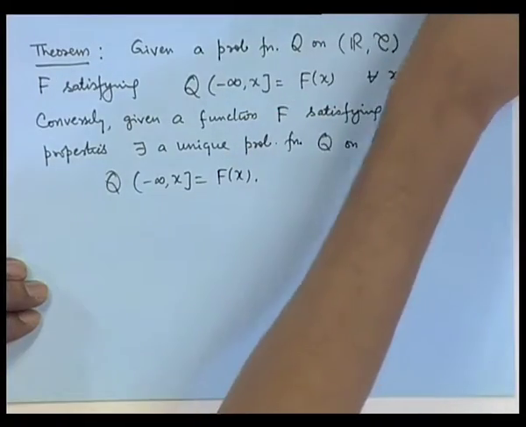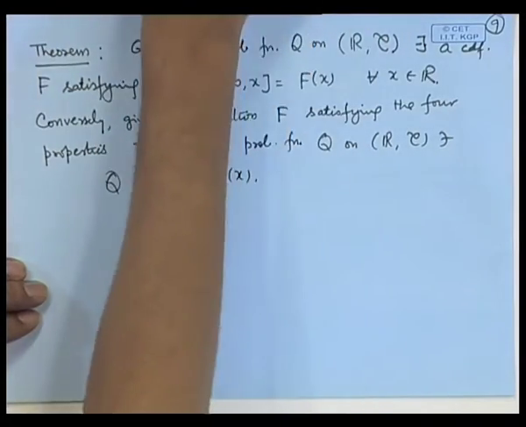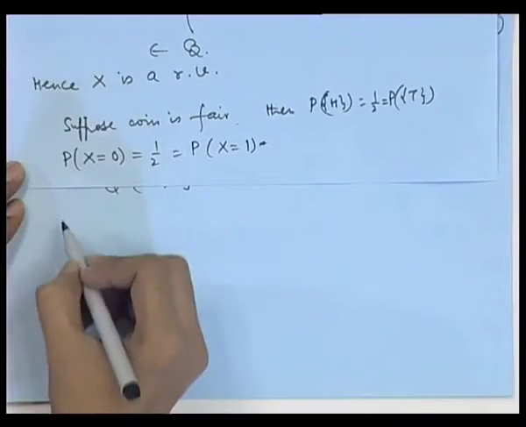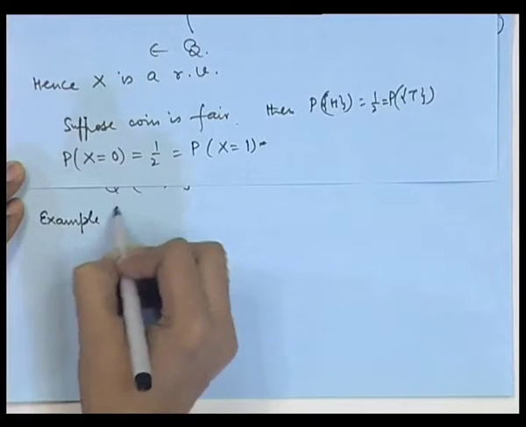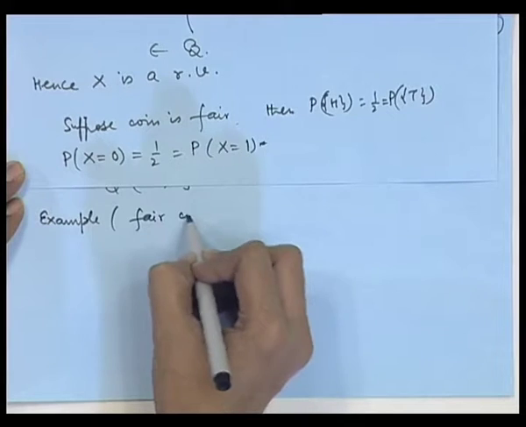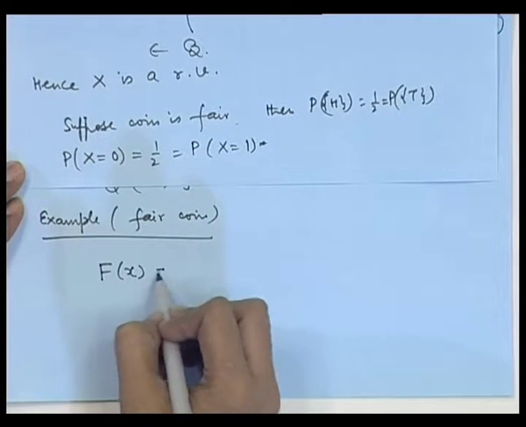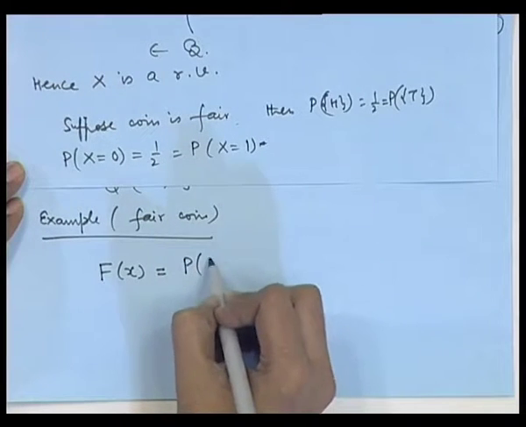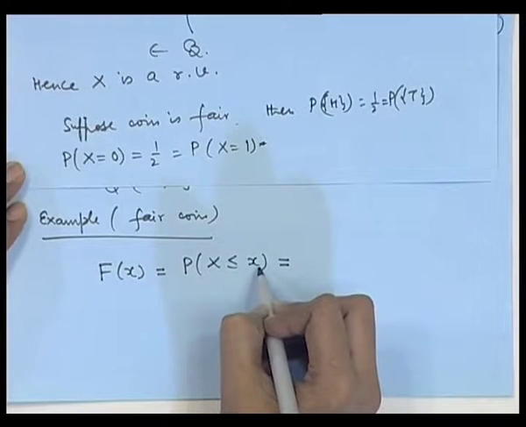Go back to the example of head and tail, the fair coin example. Here if we consider F(x), then we are looking at the probability of X less than or equal to x.